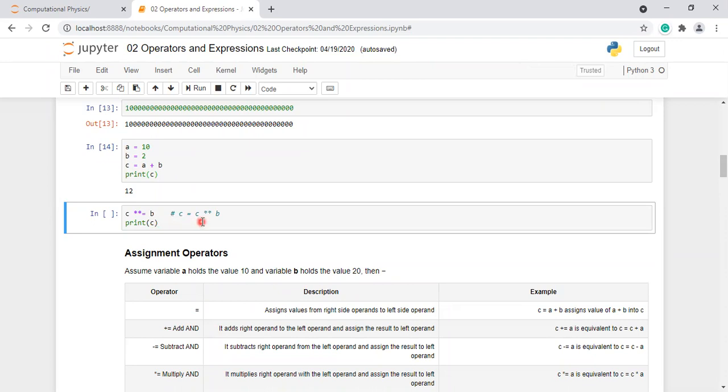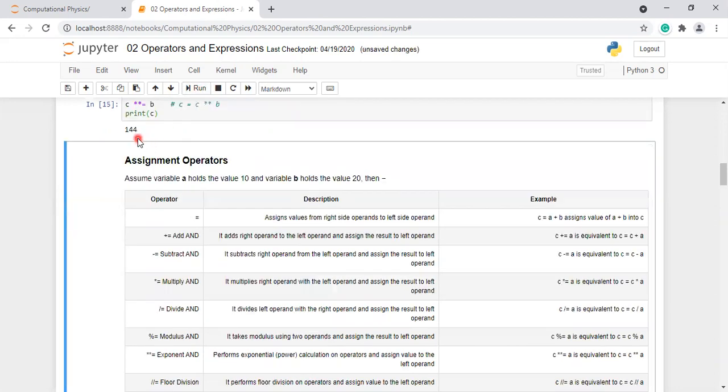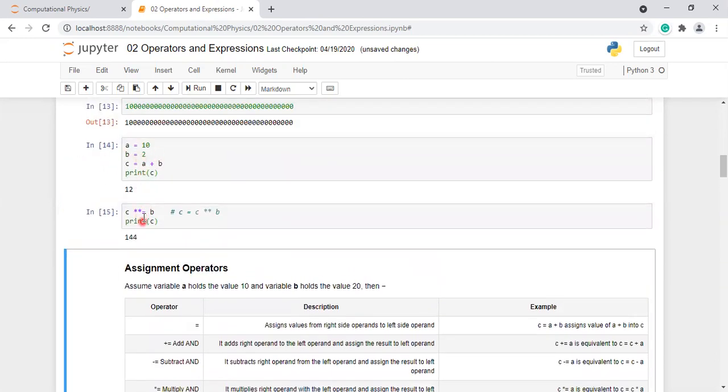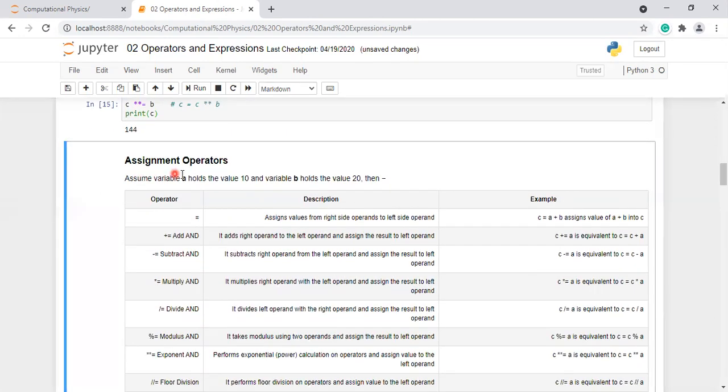C equals C star star B. C star star equals B means C is raised to the power B, and that value is assigned to C. Here C is 12, B is 2, so 12 to the power 2, 12 squared, is 144. 144 is assigned to C, overriding the earlier value 12, and when I run this cell, I should get 144. These last two are examples of assignment operators.